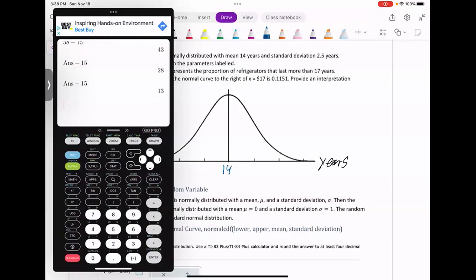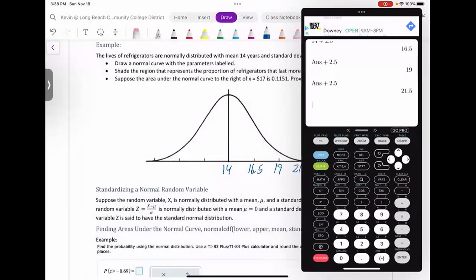Standard deviation is 2.5, so 14 plus 2.5, plus 2.5, plus 2.5. Going the other way now, 14 minus 2.5, minus 2.5, minus 2.5.